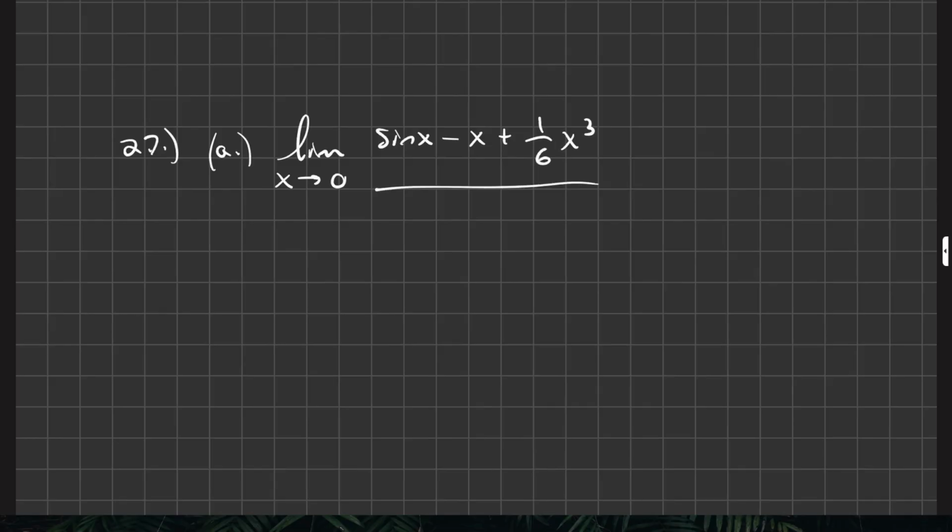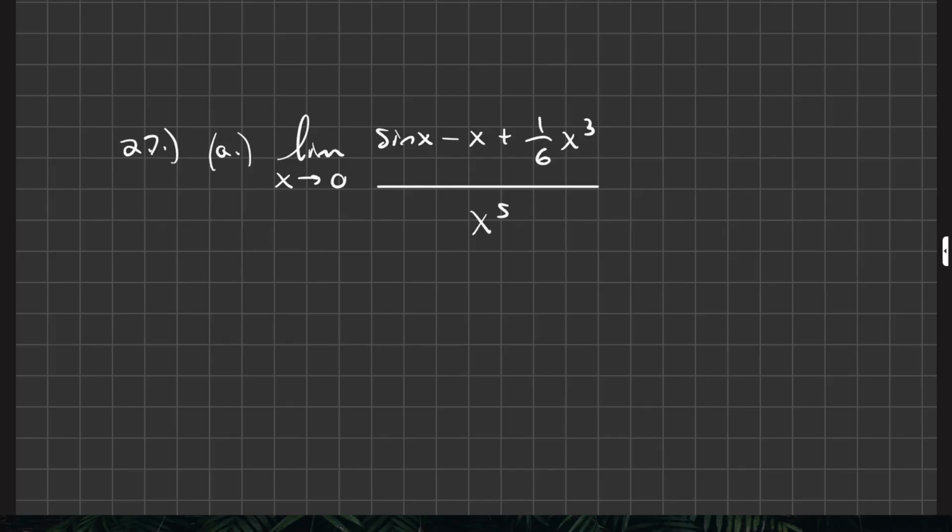Okay, let's now use series to evaluate limits. So problem 27. We're given the limit as x approaches 0 of sine of x minus x plus 1/6 x cubed all over x to the 5th.